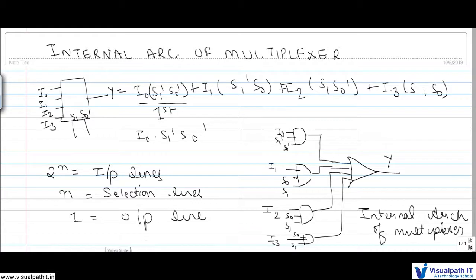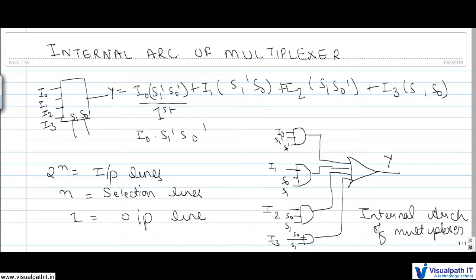So if I have two selection lines, then the inputs will be 2 to the power 2, that means 4 input lines, and the output is always 1.